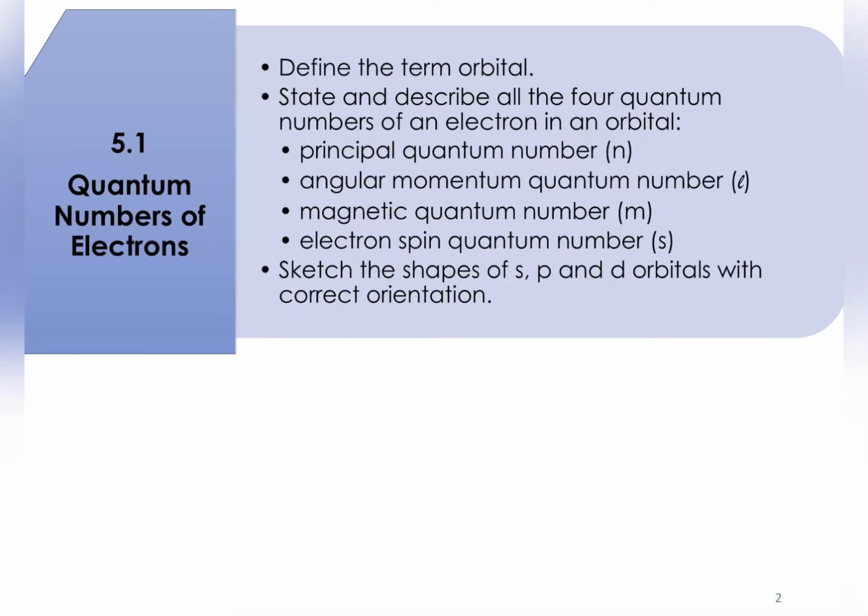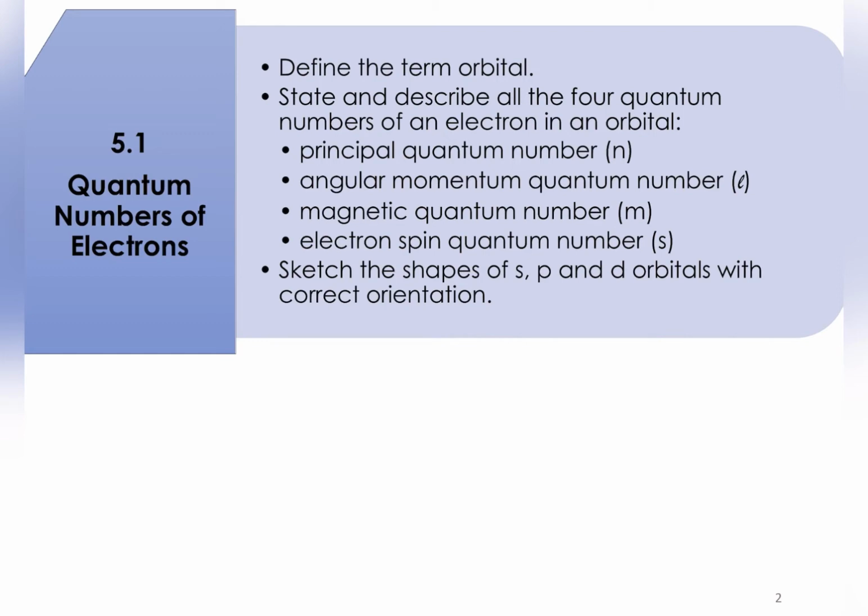For example, we have to define the term orbital, and you have to state and describe all four quantum numbers of an electron, where you are going to be introduced to four terms here: principal quantum number, angular momentum quantum number, magnetic quantum number, and electron spin quantum number.